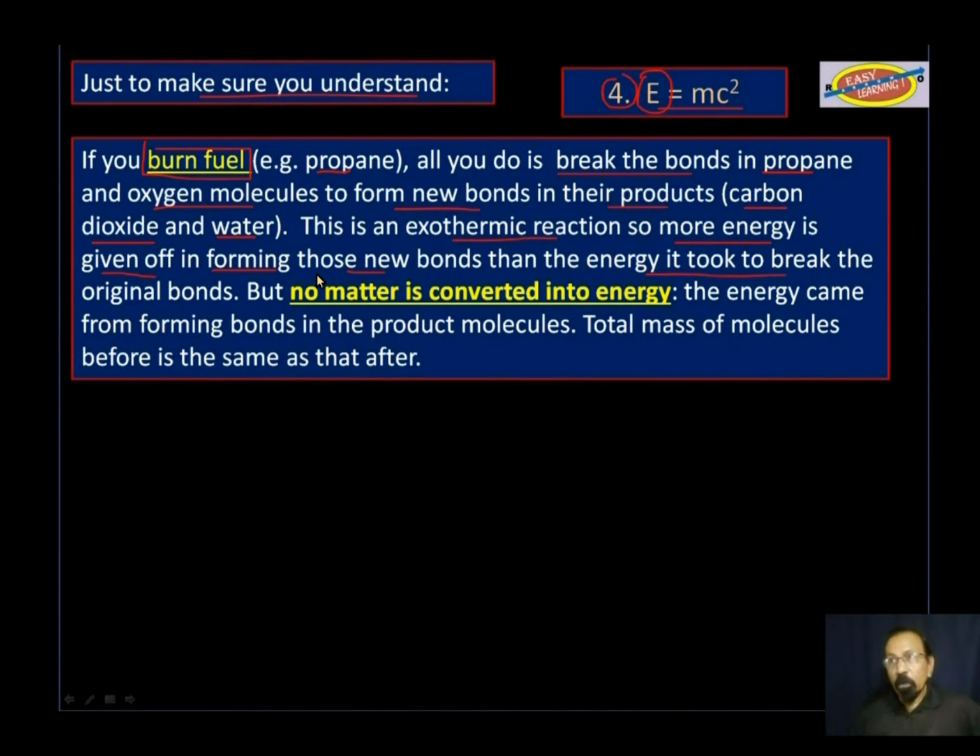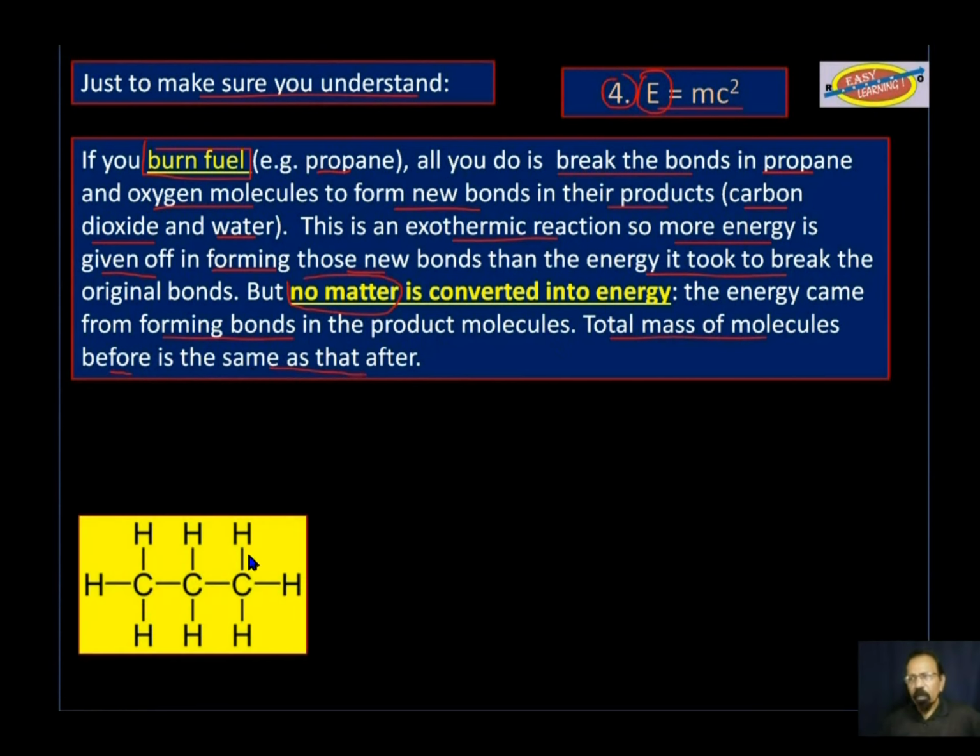But no matter is converted into energy. The energy came from bonds being broken and formed. Total mass of the molecules before is the same as that after. So let's consider this molecule here, which is propane.